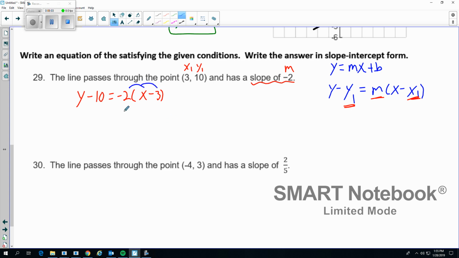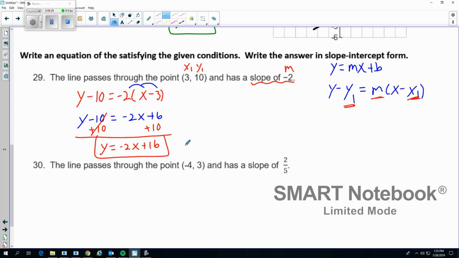So I go ahead and distribute. We get y minus 10 equals negative 2x plus 6. And then we'll add 10 to both sides, and I will be done with this one. So that cancels out. So I end up with y equals negative 2x plus 16.